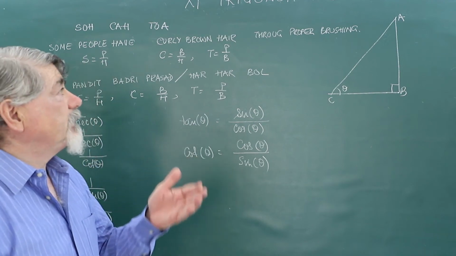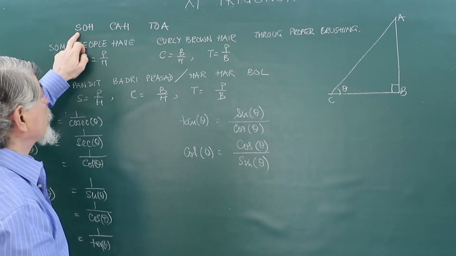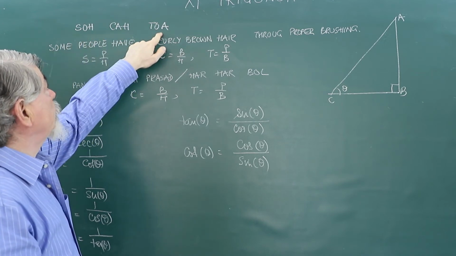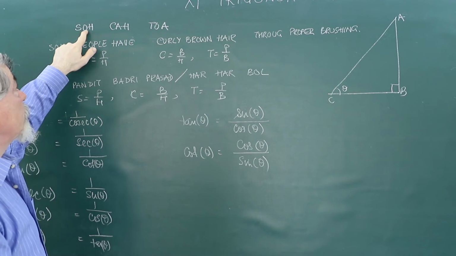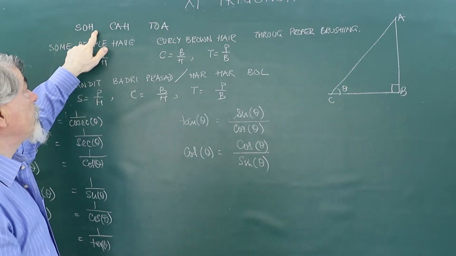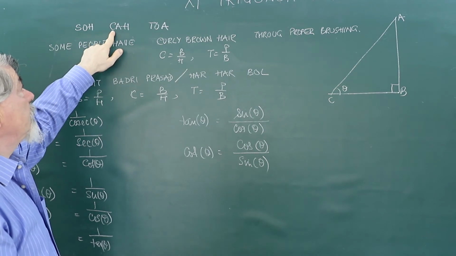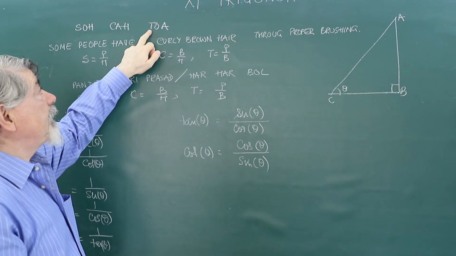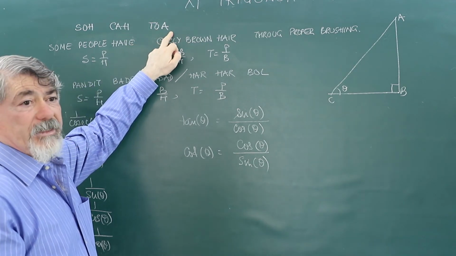Some people call it SOHCAHTOA. Sine is opposite upon hypotenuse. Cos is adjacent upon hypotenuse. And tan is opposite upon adjacent.